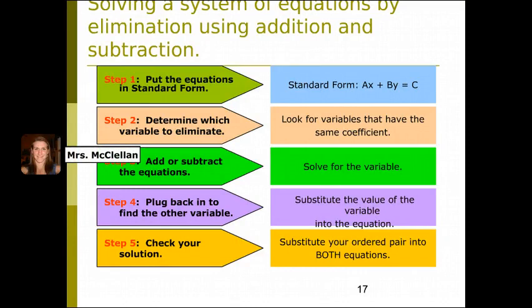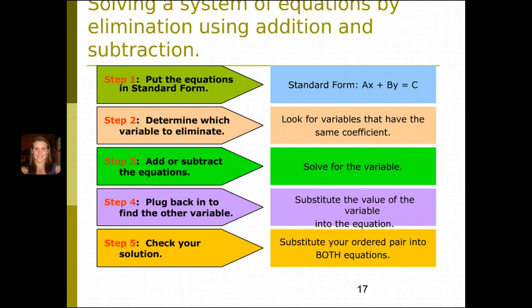Alright, so now we're going to solve a system of equations by using elimination with either addition or subtraction. The first thing we want to do is look at our standard form, ax plus by equals c. And then we need to determine what variables have the same coefficients, if I have x over x or y over y.